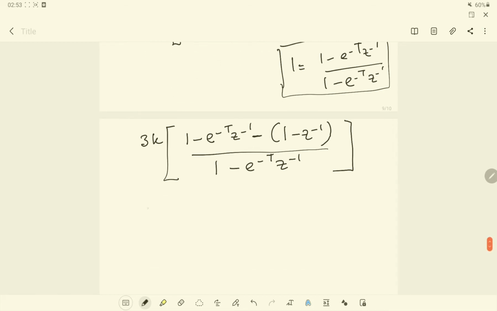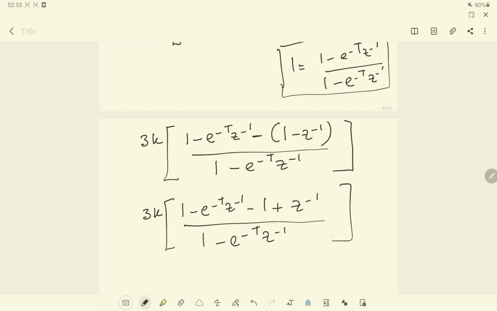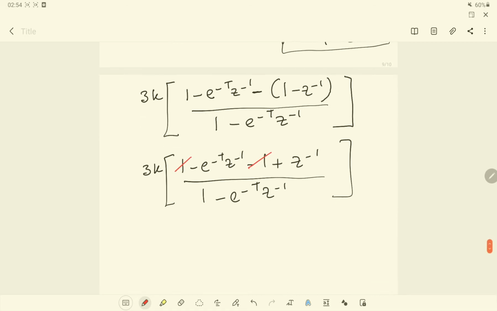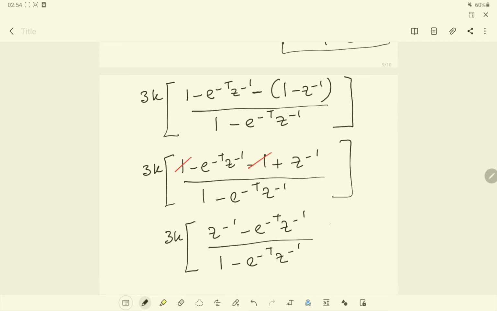Okay, so from here, negative 3k (1 minus exponent minus t Z inverse) plus Z minus 1, over 1 minus exponent minus t Z inverse. From here, 1 minus 1 will become 0, so you will get 3k Z inverse minus exponent minus t Z inverse over 1 minus exponent minus t Z inverse.